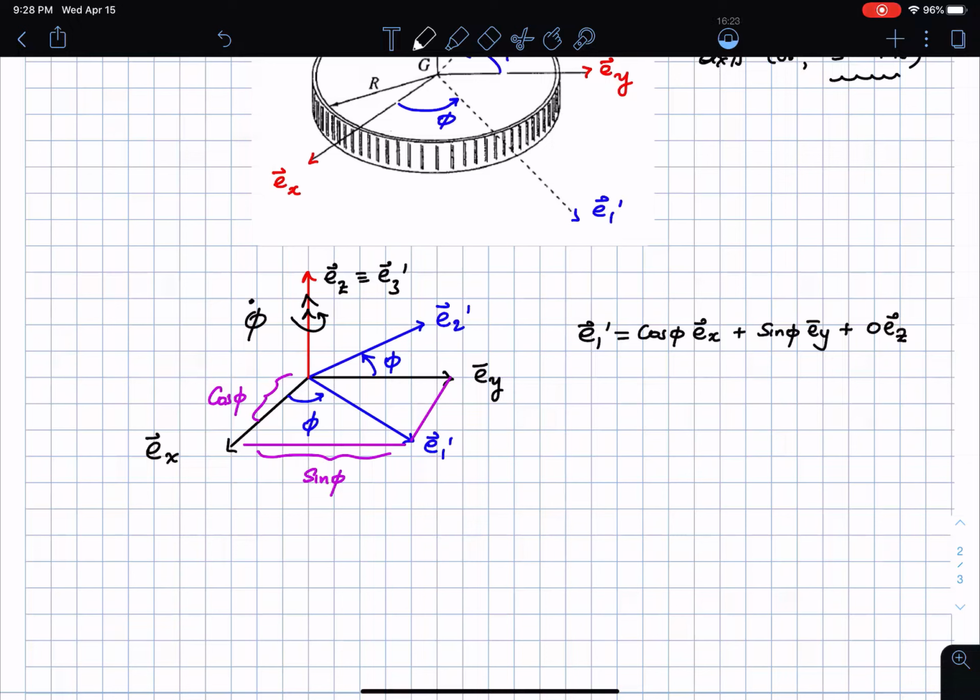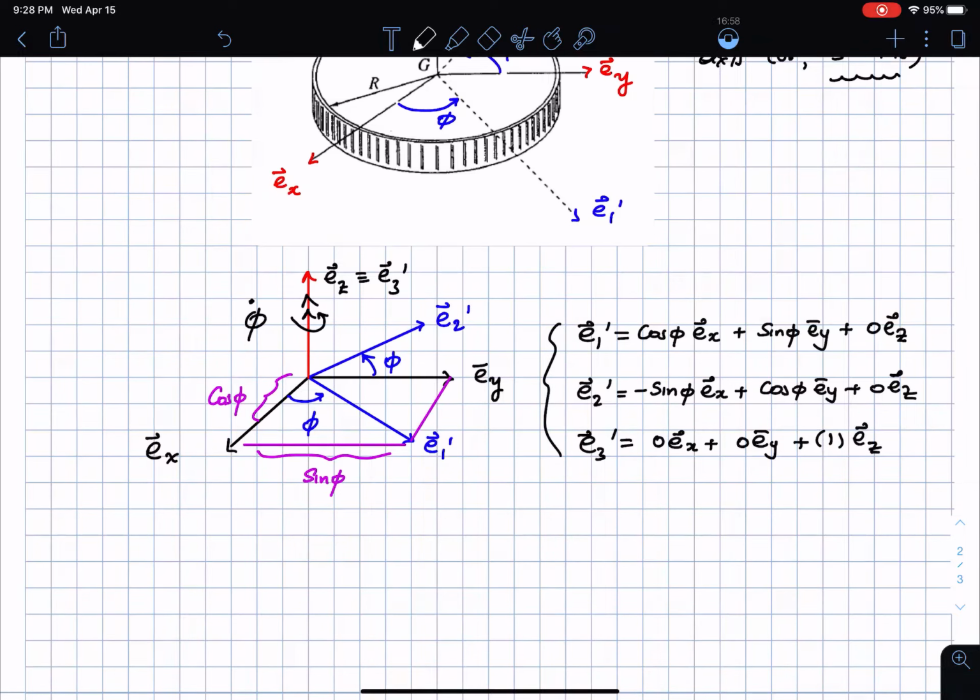I can likewise say that E2 prime is going to be, if I take E2 and split it into components along EX and EY, I'll see that E2 has a component along the negative EX direction, so that's going to be minus sine phi EX plus cosine phi EY plus 0 EZ, because it is on the planar EX EY coordinate frame. And then E3 prime is going to be 0 EX because it does not have any component there, 0 EY, and then 1 times EZ.